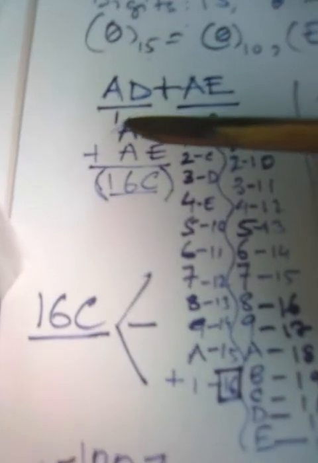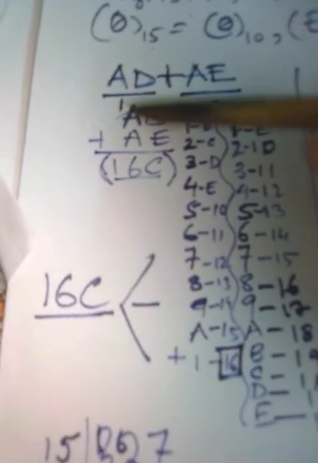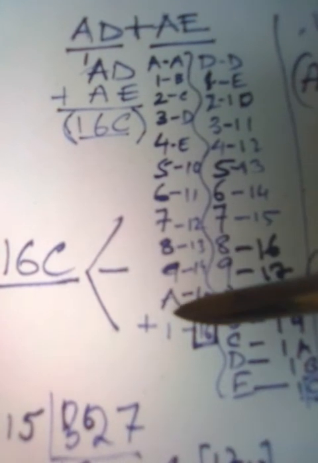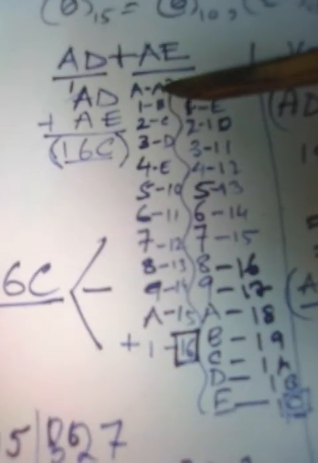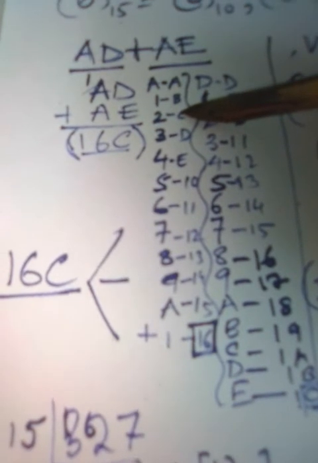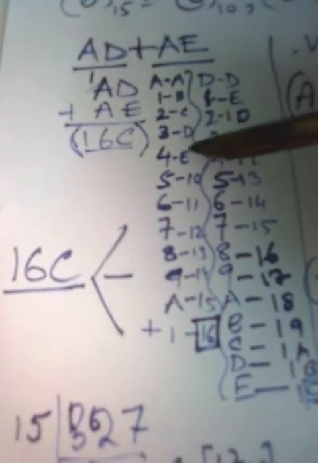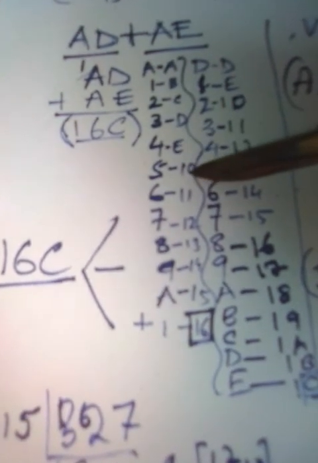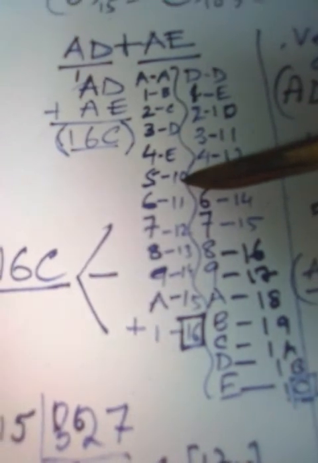So now we have the carry, so A plus A, then carry 1. First of all, let's do A plus A. A, then we have to count A more. So A, then 1, 2, 3, 4, 5, 6, 7, 8, 9, A. A plus 0 is A, A plus 1 is B, A plus 2 is C, plus 3 is D, E, and then after E there is no F here.